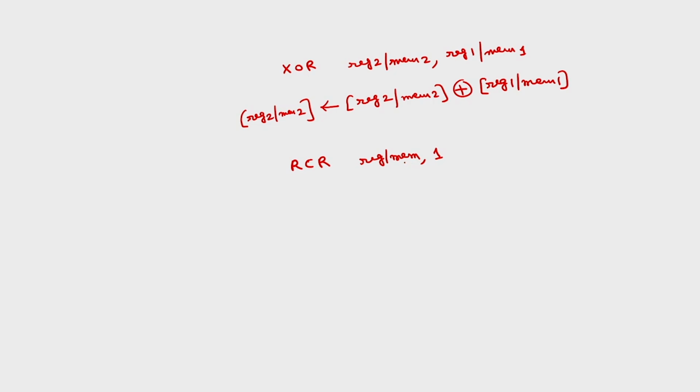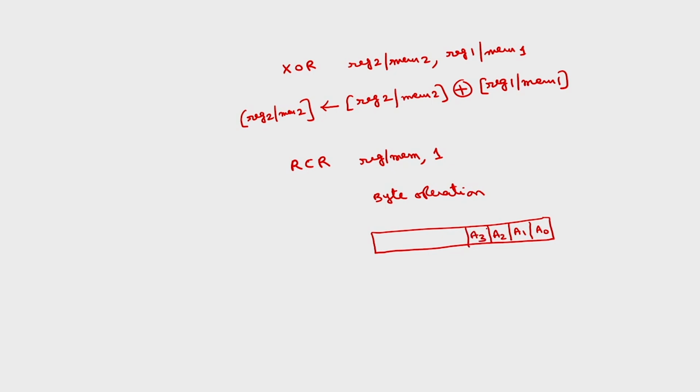If I take the example, if I take byte operation, there will be total 8 bits: A0, A1, A2, A3.